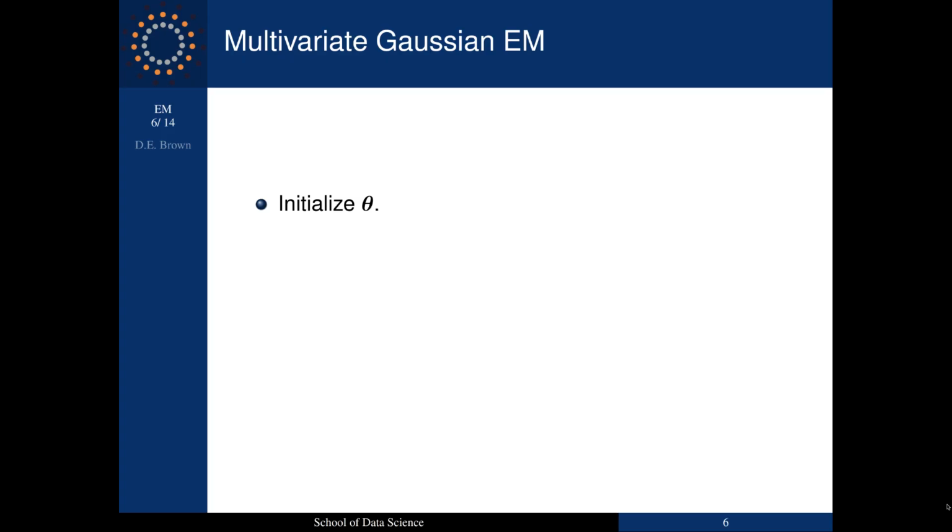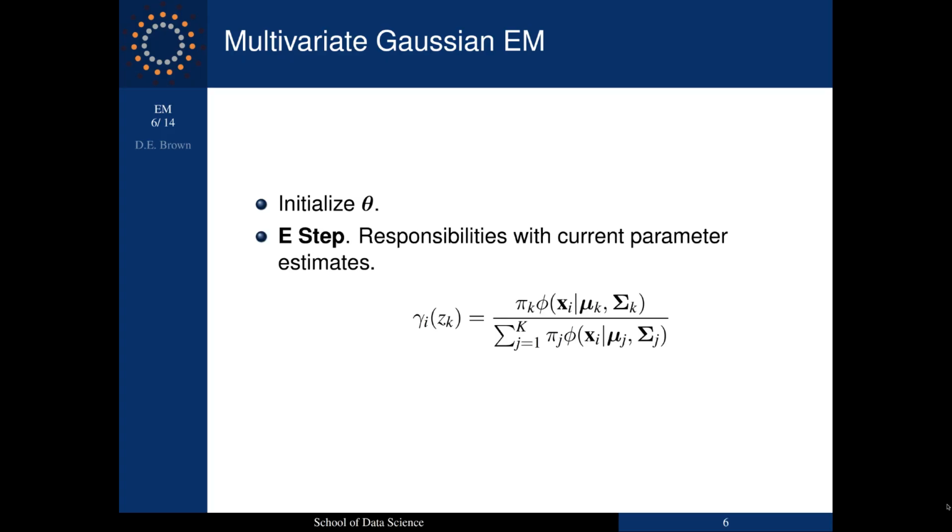Okay, so with this setup now, we can easily see how the EM algorithm, expectation maximization algorithm, will work for this multivariate Gaussian. So we first initialize theta, and we'll say more about what we do for initialization, but for the moment, just think of us as grabbing randomly some values for this and throwing them in those parameters that we need. The E-step then is really pretty straightforward.